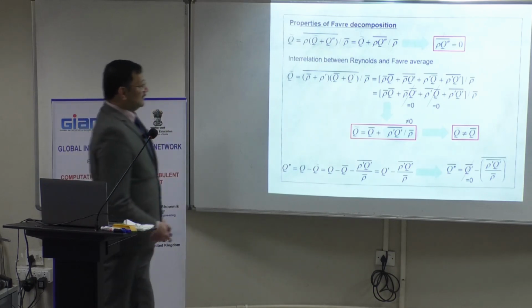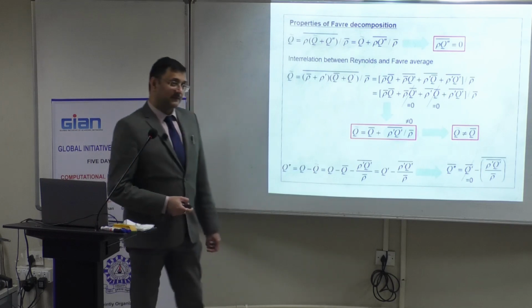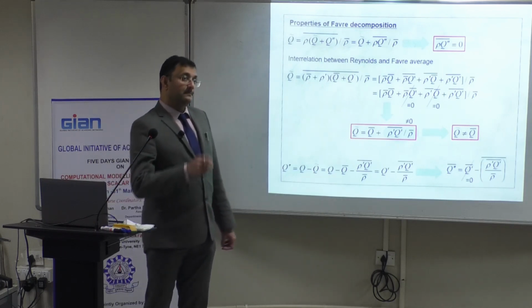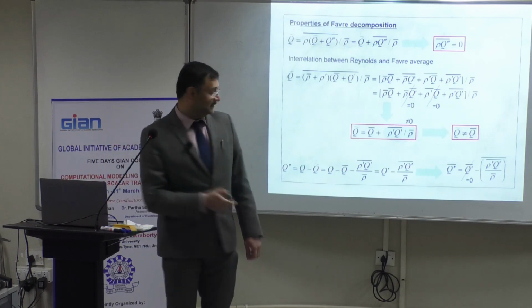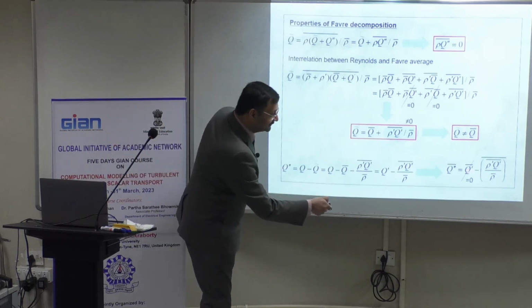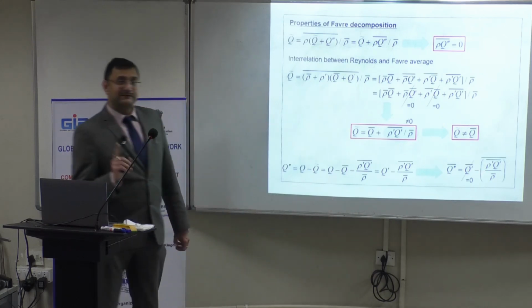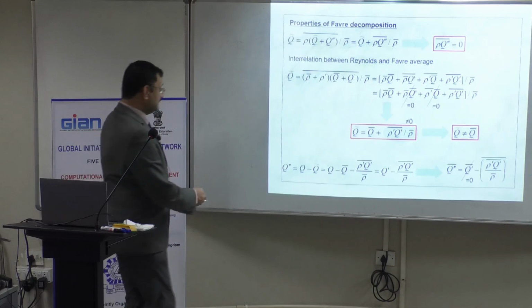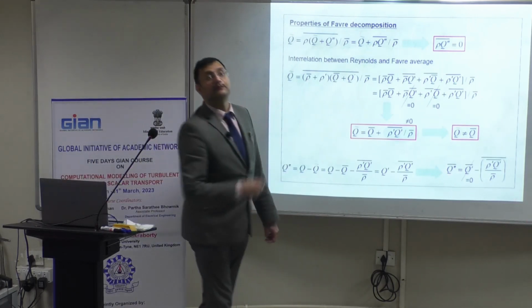So, in the case of Reynolds decomposition, the mean of the fluctuation was 0. In other words, what I'm telling you is this quantity is 0. The mean of the fluctuation was 0. In the case of Favre decomposition, the mean of the Favre fluctuation is not equal to 0.